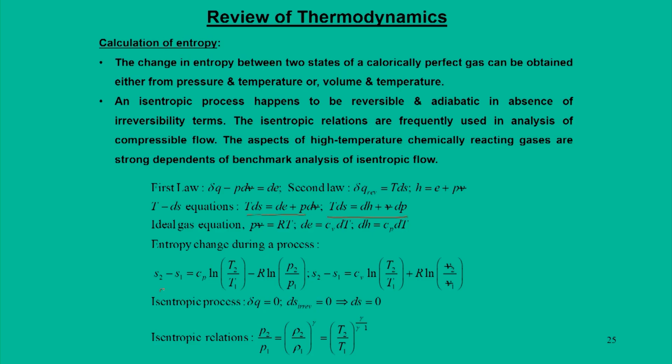These are the working equations for entropy, and we also have isentropic relations that give the relation between pressure, temperature and density. Why are we using this? Because these equations are benchmark expressions that will be used for all types of gas dynamics flow analysis, while dealing with the thermodynamic viewpoint.